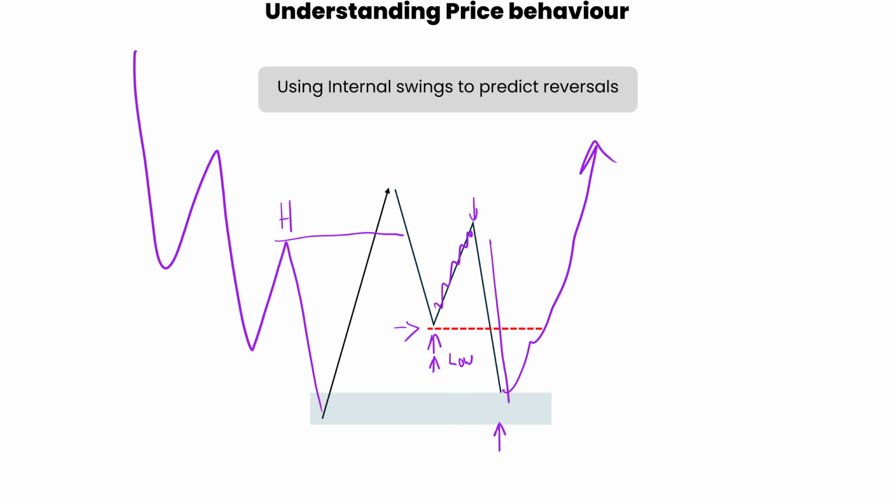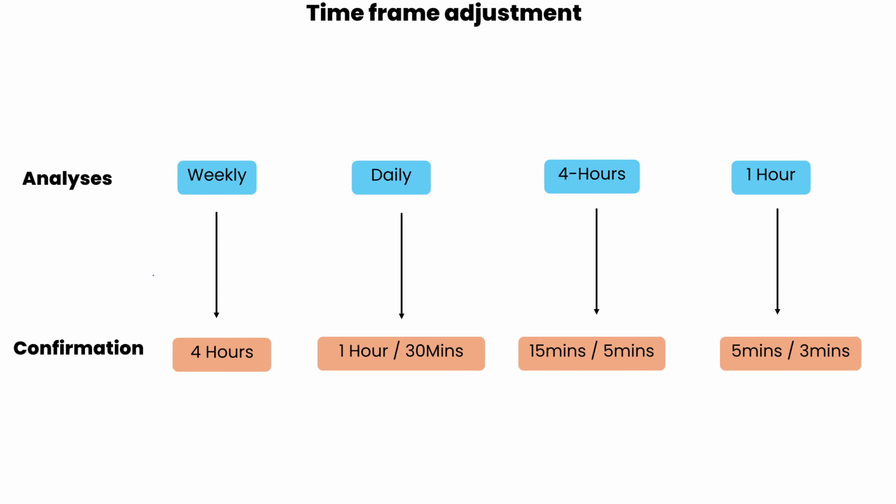Let me show you some time frames that you need to follow to at least understand this properly. You will have the analysis on the weekly, which you will take trades on the 4 hours. On the daily, you will use the 1 hour, the 30 minutes. Obviously, this 1 hour, if it's not clear, you will check on the 30 minutes.